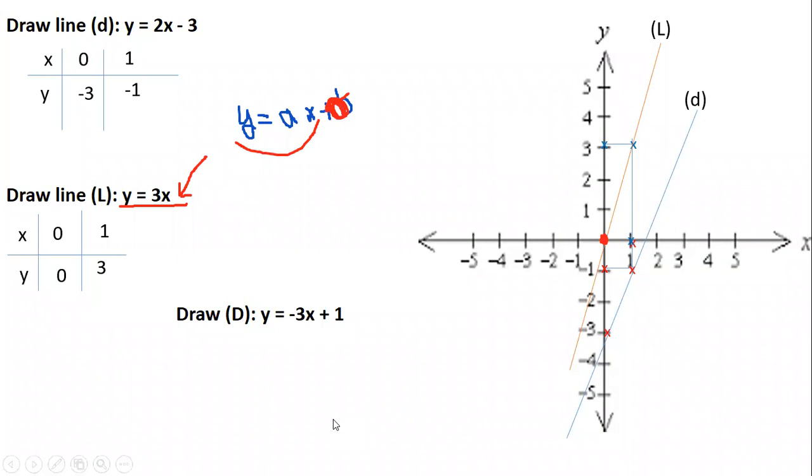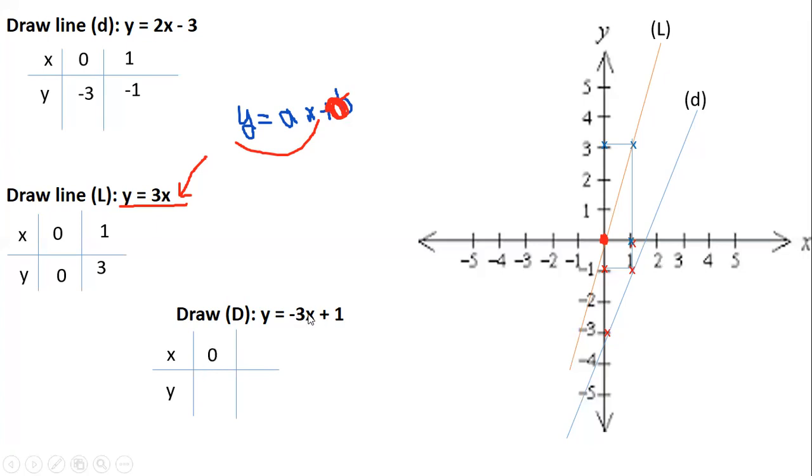Y equal minus 3x plus 1. First, this line is written in the form y equal ax plus b. Confirmed. Back to drawing this straight line, Fadel. What do we always do? We draw a table, and in it we put x and y. What is the first value we always take for x, Fadel? x is 0. Okay, let's go to the straight line and put 0 in place of x.